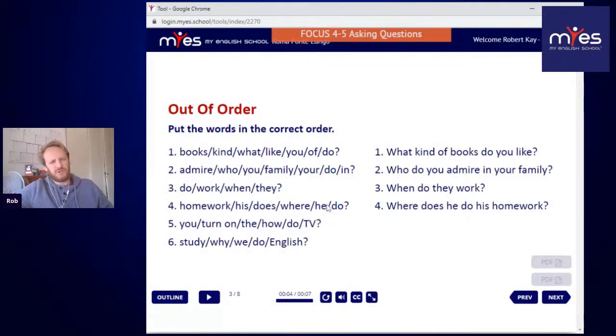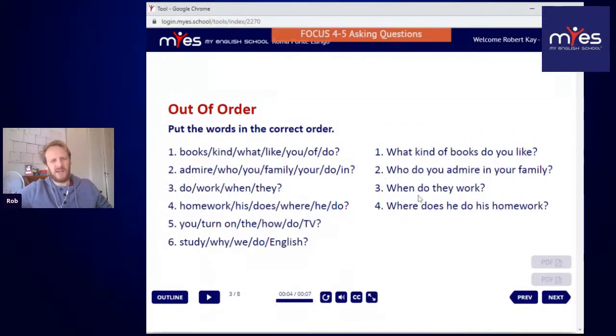What do you think about number 5? Okay, so we have number 5. Can you put these words in the correct order? What goes first? If you look at the previous answers, notice the first word is always what, who, when, where.